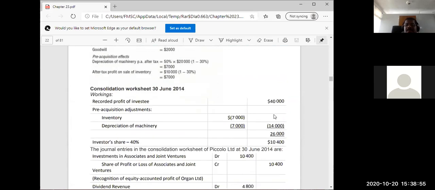So you will see here 40,000 is taken, and inventory 7,000 and depreciation 7,000 are deducted. So your profit for the period is 26,000. Out of this 26,000 you take 40%. Is it clear?